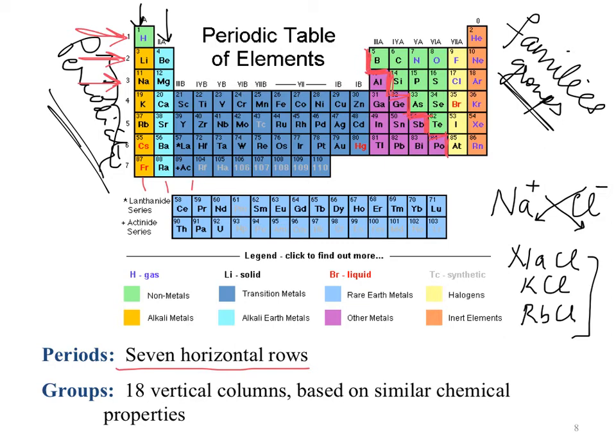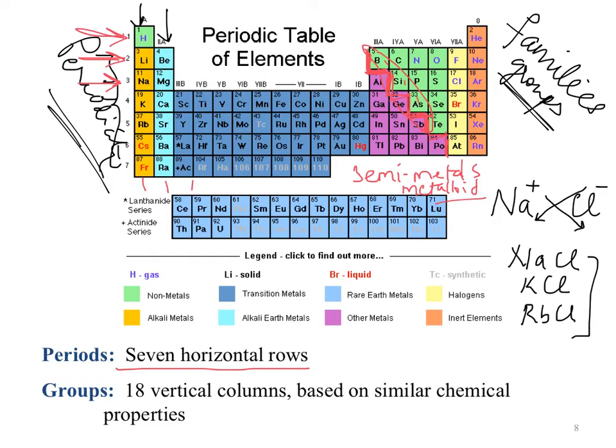The elements that are on the side of that, so boron, silicon, arsenic, germanium, antimony, these ones right over here, are what are called semi-metals or metalloids. We call them that because they share properties of both nonmetals as well as metals.